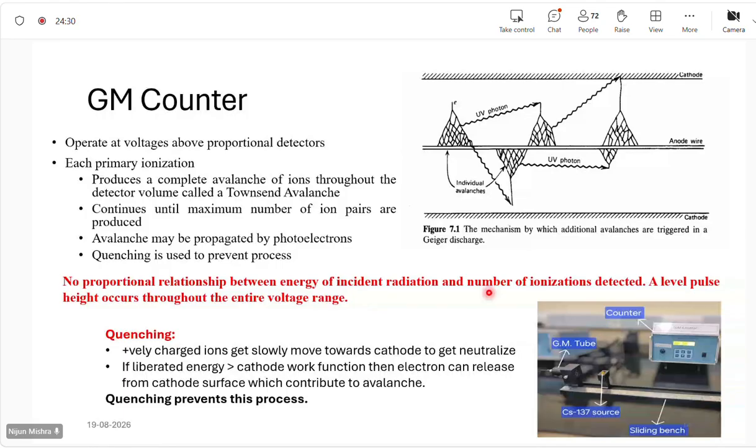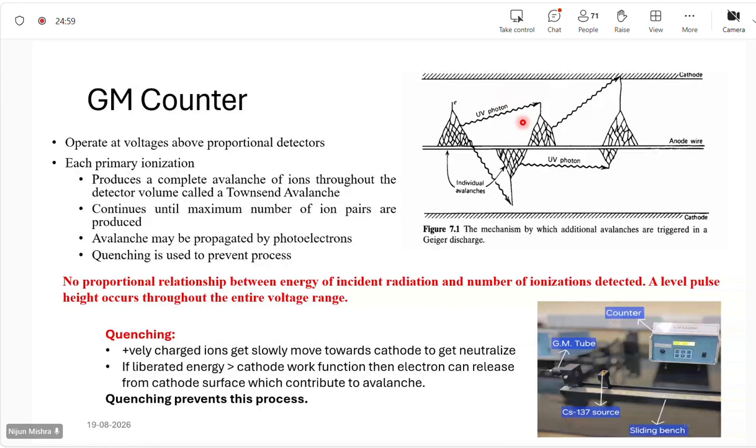Why? Because as electrons are produced, similarly positively charged ions are also produced, and their mobility is very small. The positively charged ions go towards the cathode. When they interact with the cathode material, they want to take electrons from the cathode and neutralize themselves.